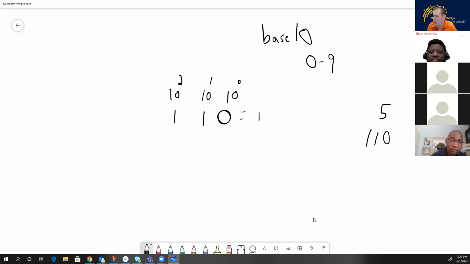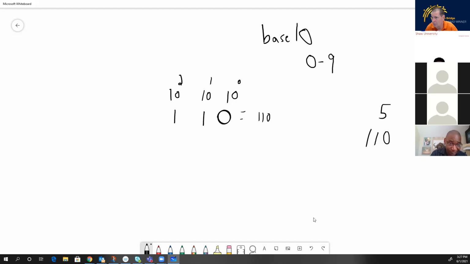That gives me $110. Why do we have a base 10 numbering system? I'm giving you a little hint. You got 10 fingers. That's the best guess we've got for why we have a base 10 numbering system.